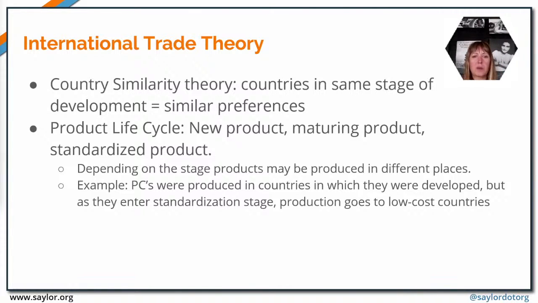We can also look at the product life cycle, and when we say product, we also mean services, just to make that note. We may change our strategy based on where our product is in the life cycle. For example, if a product is new, we're probably going to have a different strategy for it than for a product that is mature and that we've been selling for years and years.